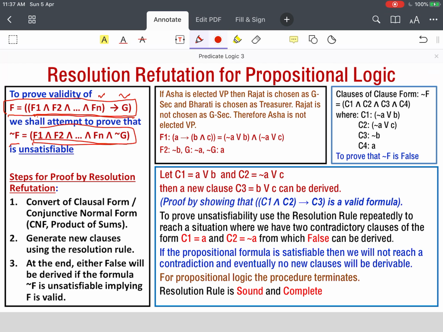So if F is this formula, then not F is this formula. And if F is valid, then not F is unsatisfiable. That means it is false under all interpretations.